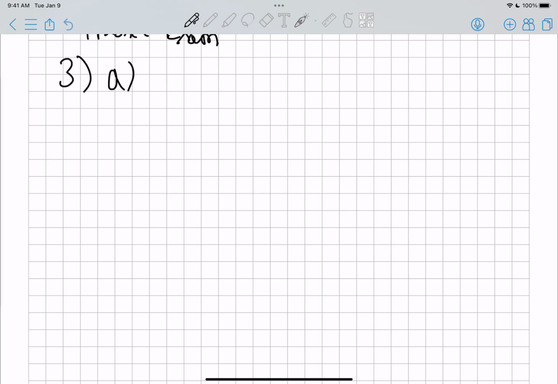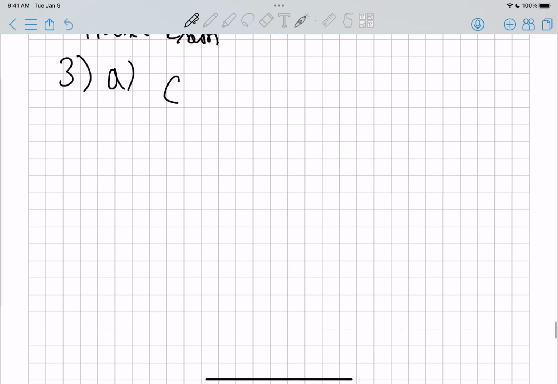There's an equation, and I don't believe it's on the equation sheet: your capacitance with a dielectric is equal to your capacitance without a dielectric multiplied by your dielectric constant, your kappa.